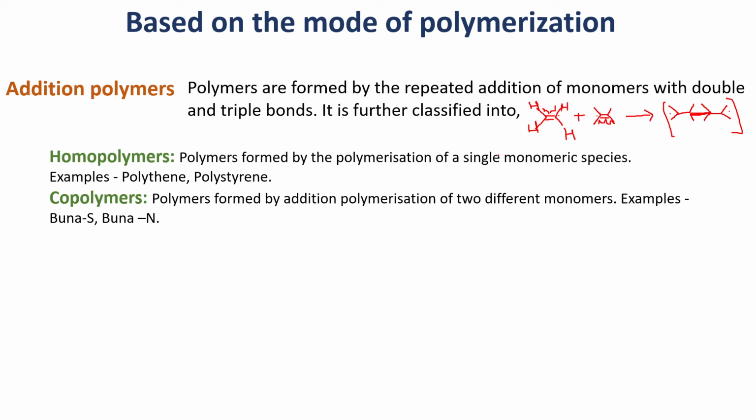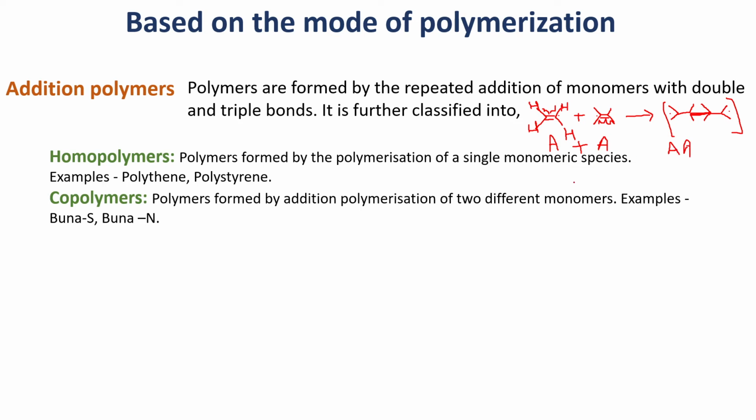So basically it's a similar kind of monomer. Like I took ethene as A, I took A and A, they formed an AA dimer. This is called a homopolymer, a homo addition polymer.